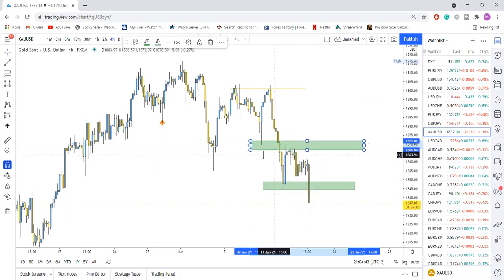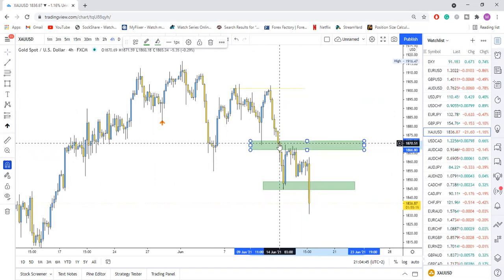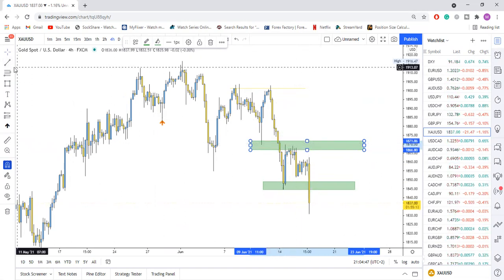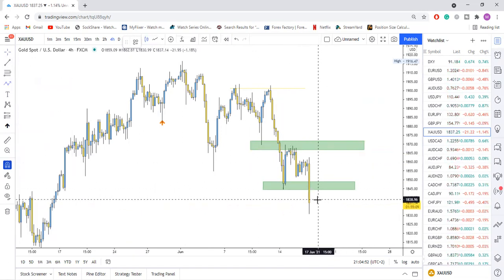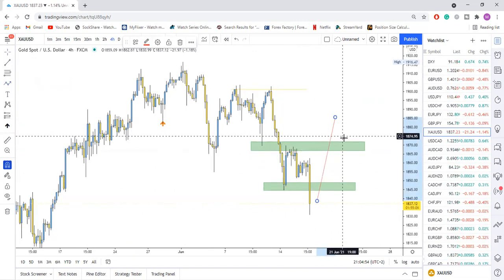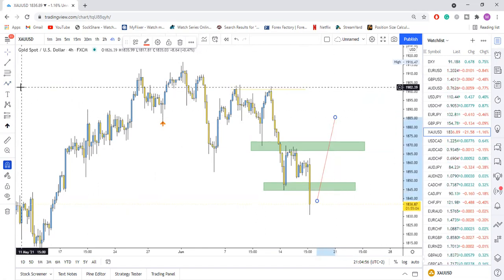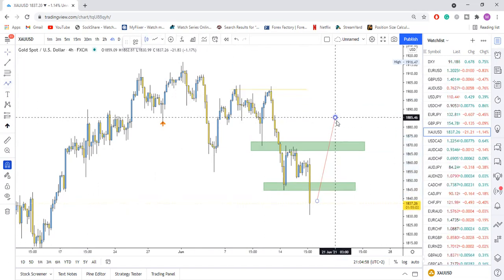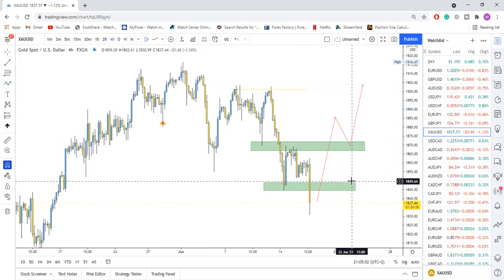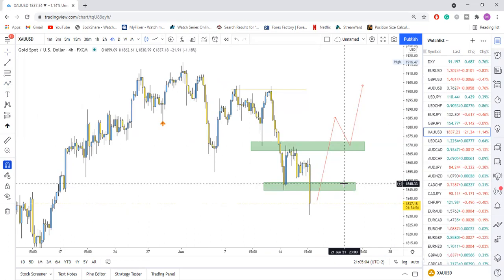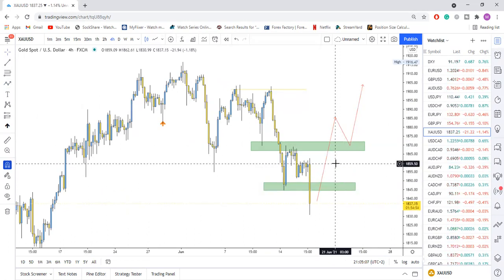Okay, and this will then be your area in the market where if price was to start to break above that, what you will then start to do is continue looking for buys on the 4H of gold, guys.